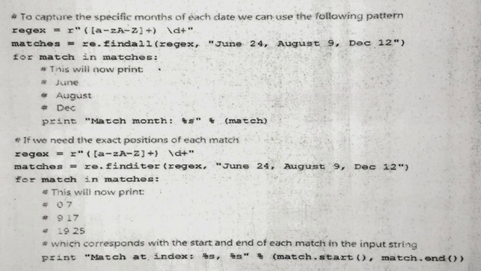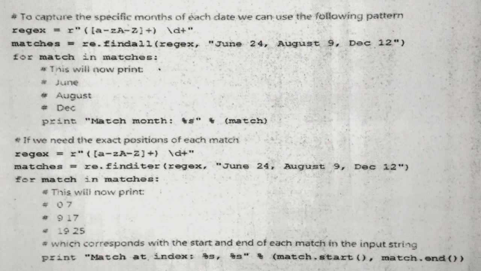Whenever it takes June 24, while displaying the result it will group only the characters, because within the round bracket we have specified only the characters we want. So it will group the specific characters from the result, and like that it will display the months only.